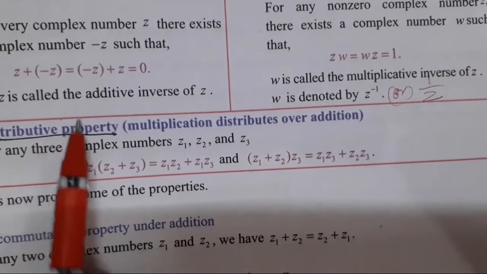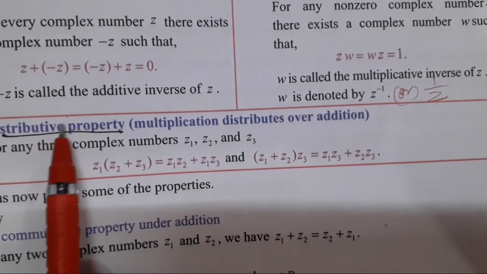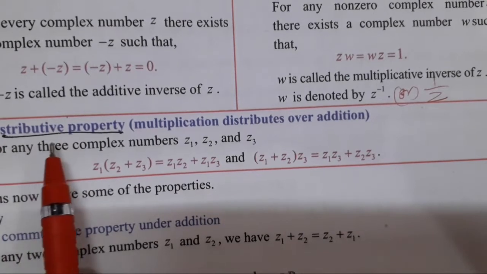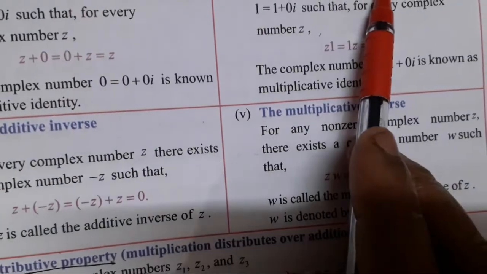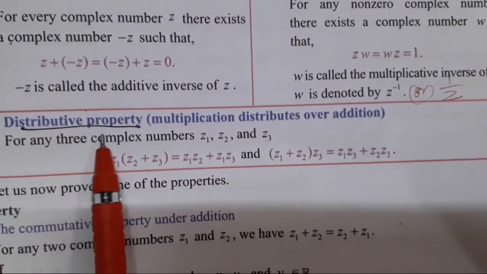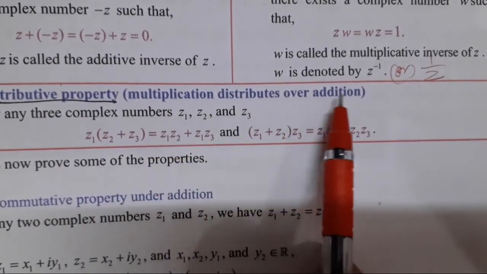See, next, remember the distributive property. For sets we learned about it in 10th standard itself. We learned about what? Commutative property, associative property and distributive property. The new things you studied are what? Additive identity, multiplicative identity. Similarly, additive inverse, multiplicative inverse. This is the distributive property. Multiplication distributes over addition.